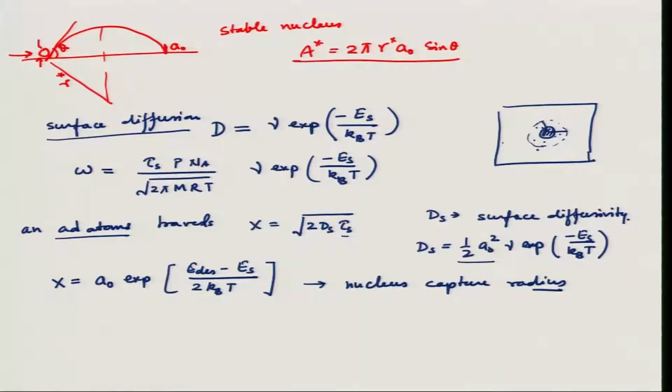Now, accounting for all of this, we can write the nucleation rate as 2 pi r star a 0 sin theta.